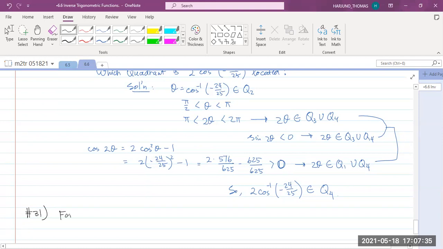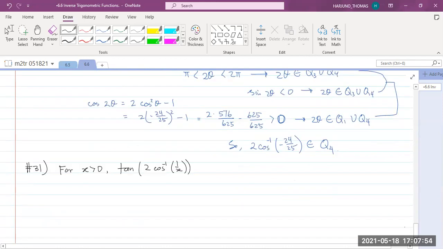For x positive, express in terms of x: tangent of 2 cosine inverse of 1 over x. Express that in terms of x.